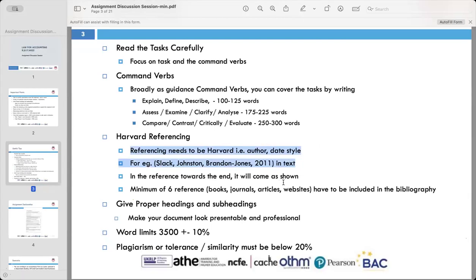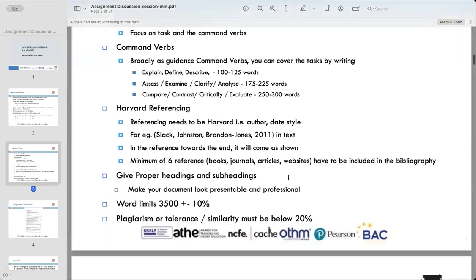If you use a referencing tool, it will automatically come at the end of your assignment, or you can do it manually. Minimum 6 to 8 references, from books, journals, articles, websites, with proper headings and subheadings, and the word limit again 3500 plus or minus.